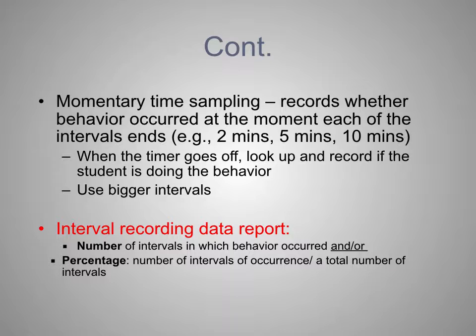So you will set the timer for 5 minutes or 10 minutes, and then whenever the timer goes off, like every 5 minutes or 10 minutes, you will look up and see if the target student is doing the target behavior at that moment. So it is good for a busy teacher, because they do not have to observe the child for whole sessions, right?